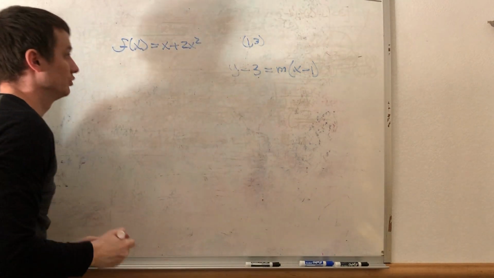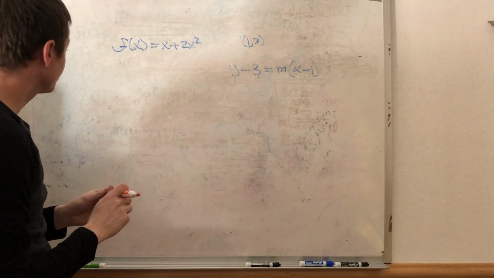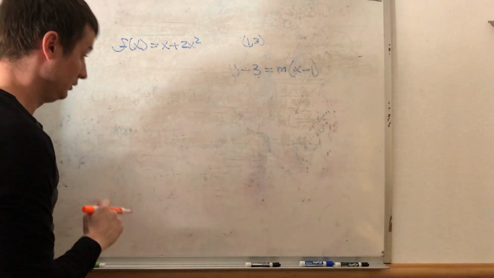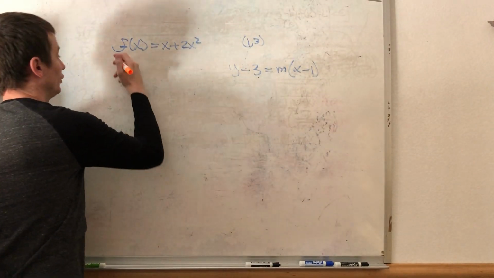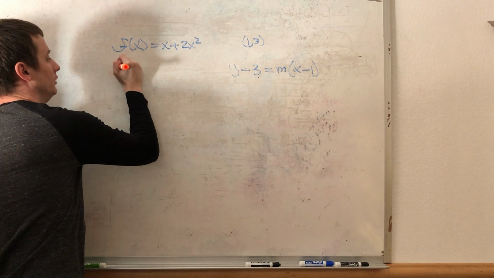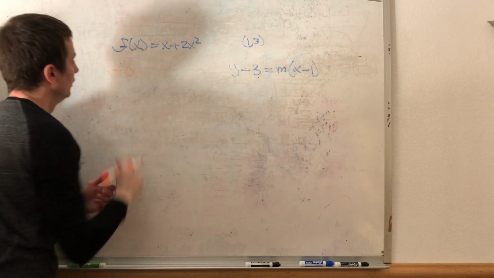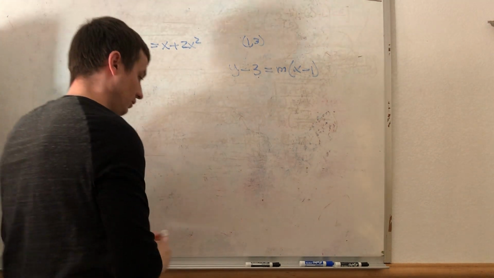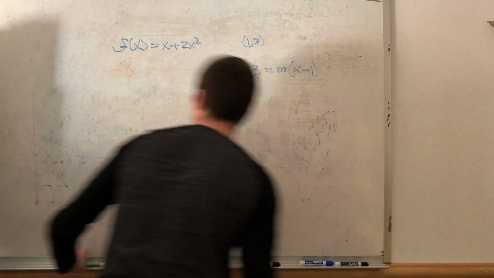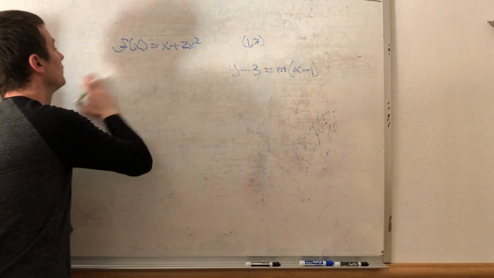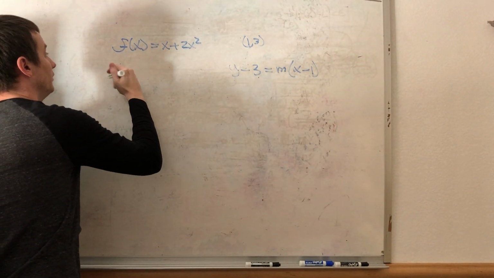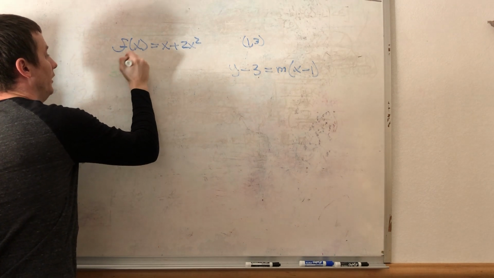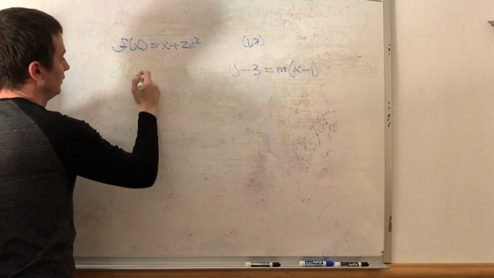That's not writing much better. We'll try our orange marker. Okay. So, first thing we need to do is find the derivative of this function. Wow, that is not writing anything. That's garbage. Try our green marker. So we have f prime of x.